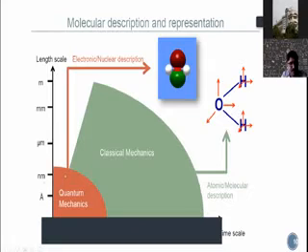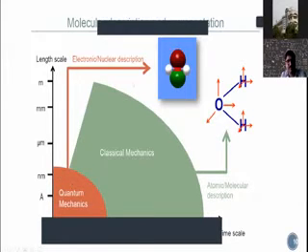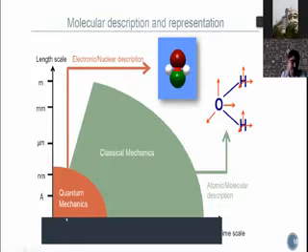And I think quantum computers can solve that, maybe, but I think it will take some time to build the quantum computer. So mostly what we do is classical mechanics.